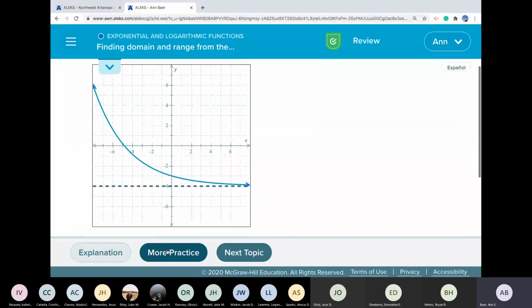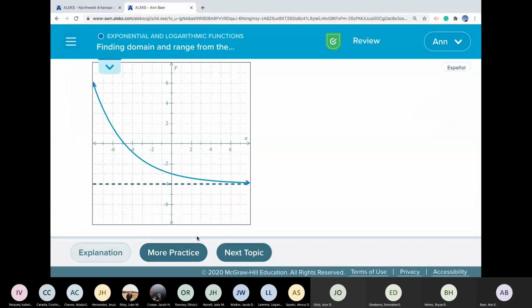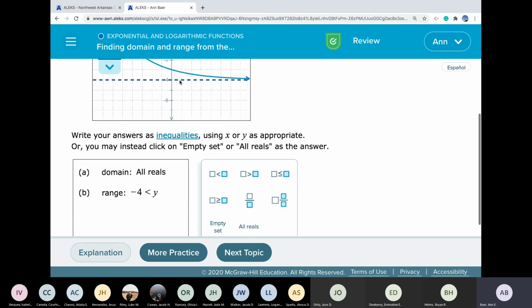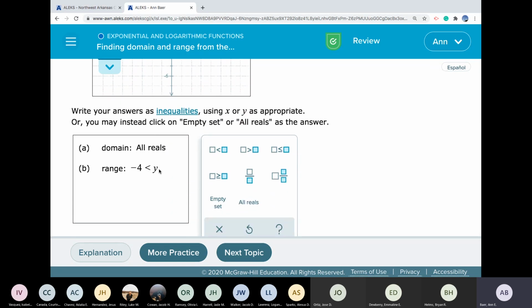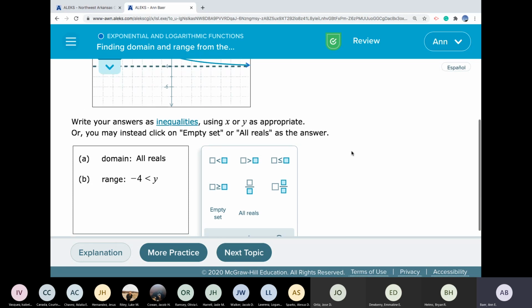So we got it correct. We want all the y's starting at -4, not including -4, and all the y's that are bigger than -4. Read it this way: all y's bigger than, the open mouth means bigger, all y's bigger than -4. That's a good way to check it by looking at the graph.